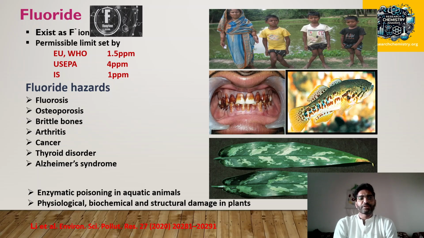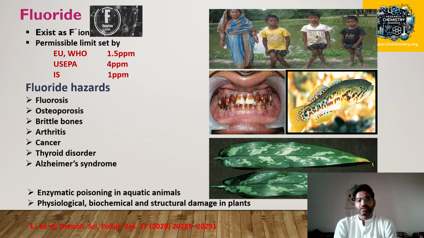WHO and the European Union have set it to 1.5 ppm for humans, USFDA has set it to 4 ppm, and the Indian standard has set it to 1 ppm. These are the permissible limits that are quite useful for humans. Above that, it can cause serious concerns in the human body.